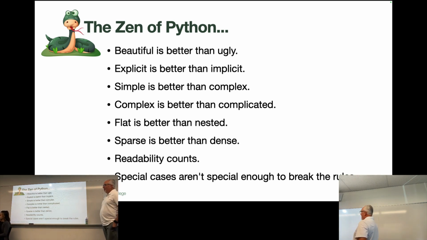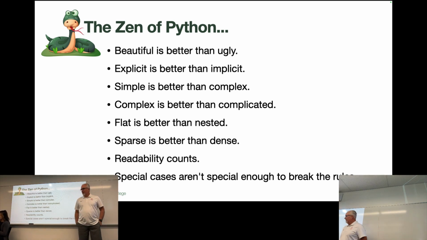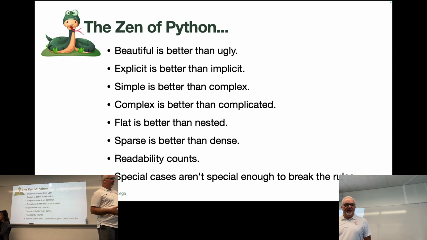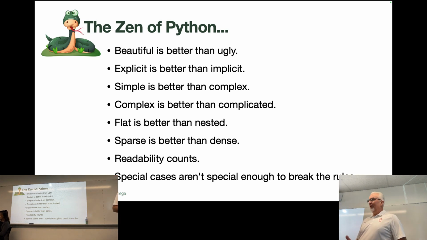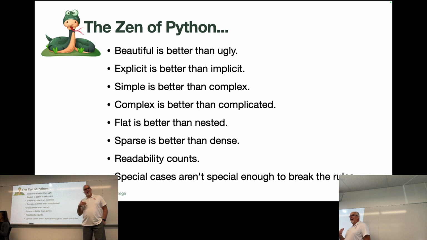Later on in the development of Python, the people who were heavily involved in the development of Python created these rules, or these statements that represent what Python is. And they called them the Zen of Python. They're a set of ideas about how we program with Python and what Python is meant for.